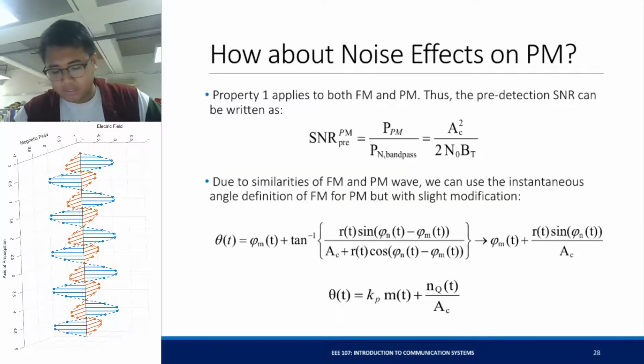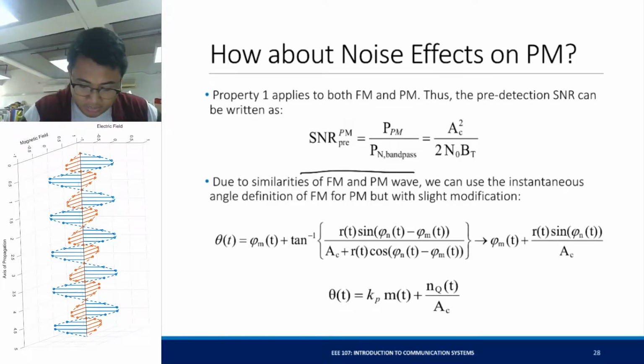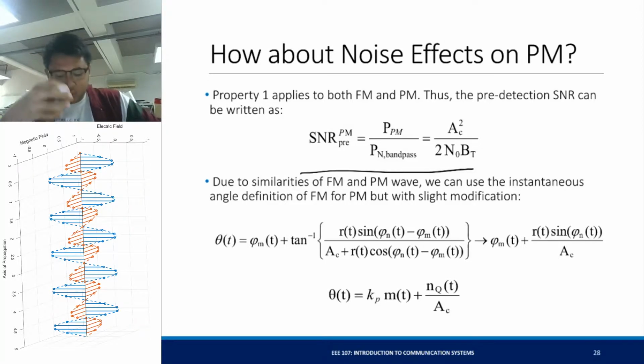So how about the noise effects on your phase modulation? Property 1 applies both to FM and PM, therefore they have the same pre-detection SNR. And due to the similarities of your FM wave and PM wave, we can use the instantaneous angle definition, but with certain differences.